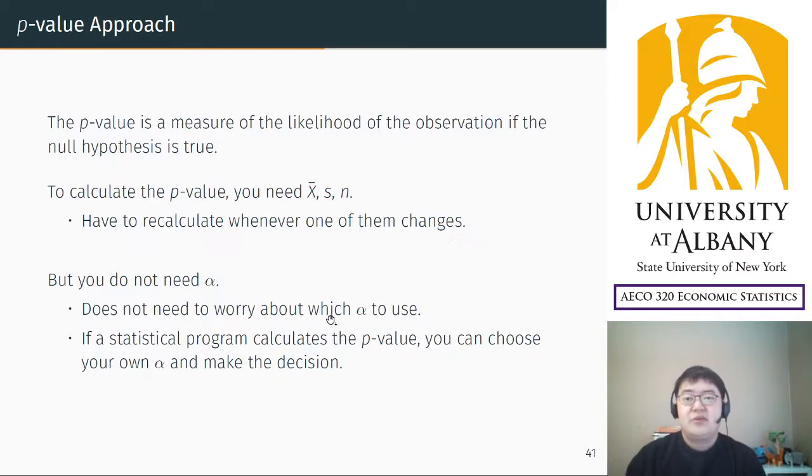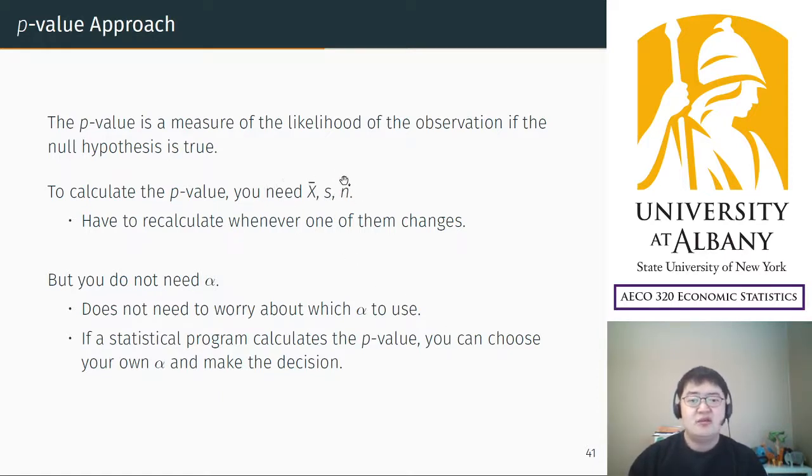So as I said, the p-value is a measure of the likelihood of what you observed if the hypothesis is true. The concept is a little bit more complicated than that, but basically, we would like to measure how likely your observation is relative to the null hypothesis when you believe in the null hypothesis. And remember, think about the process to obtain the p-value. What you need is the data x bar, the standard deviation s, and the sample size n.